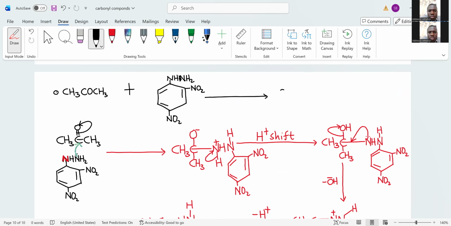My equation, I have formed CH3, CH3, double bond with the N, H, benzene ring here, with 2 and 4 like that, plus H2O. Now that is done.